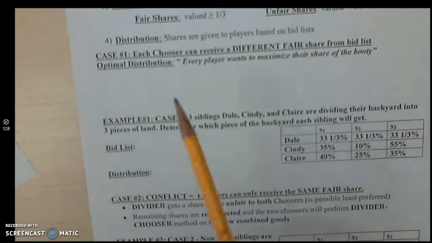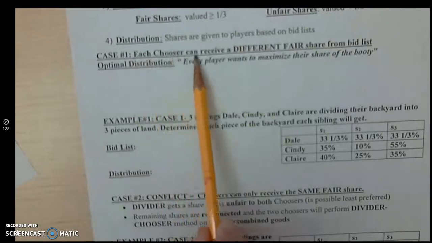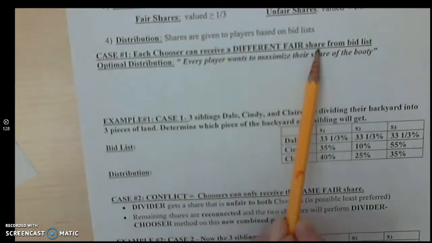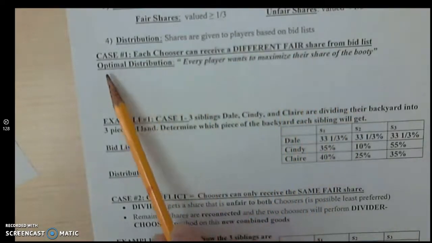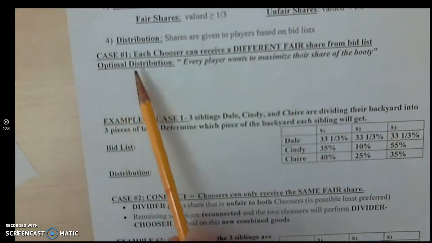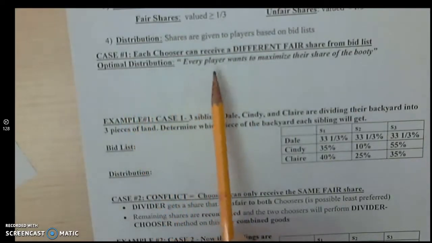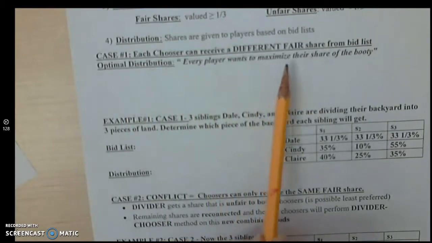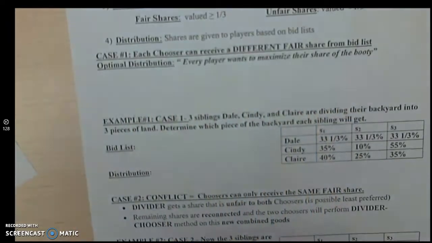All right, so let's look at case number 1. Each chooser can receive a different fair share from the bid list. You always want to shoot for optimal distribution, so that every player wants to maximize their share of the booty.